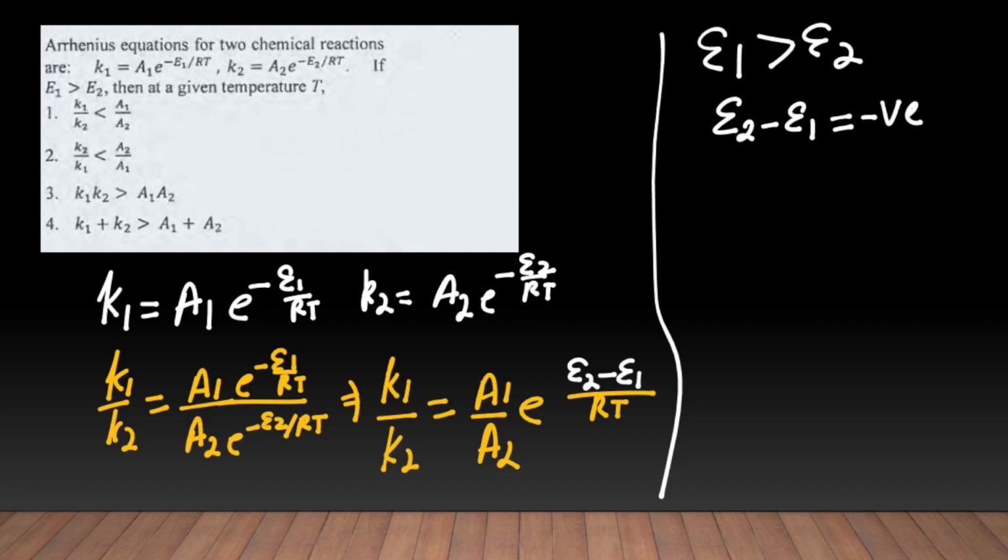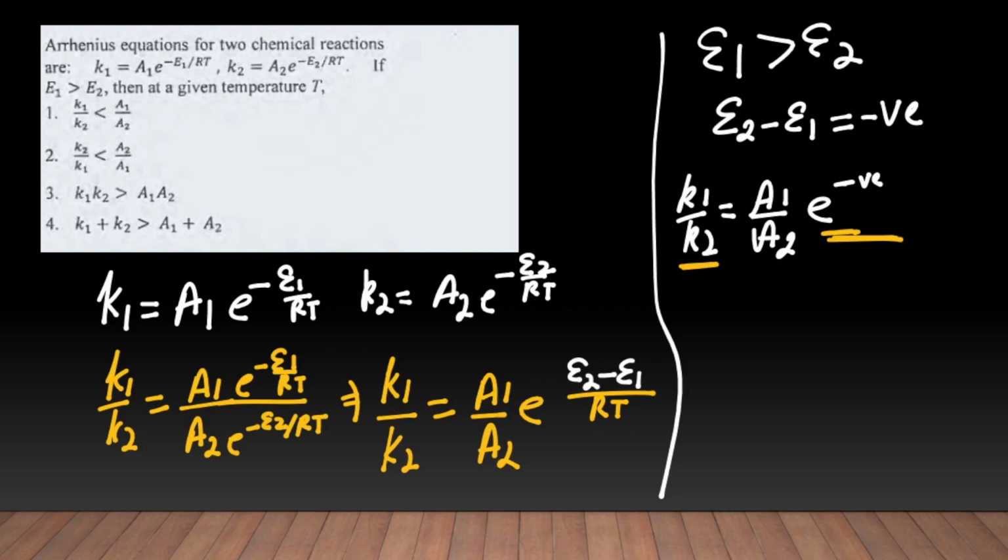So here K1 by K2 will be equal to A1 upon A2 into e raised to some negative power. So this ratio A1 by A2 is multiplied with some negative power value, which means a smaller value is being multiplied. So overall K1 by K2 will be a smaller value, because the whole thing is being multiplied with some smaller value.